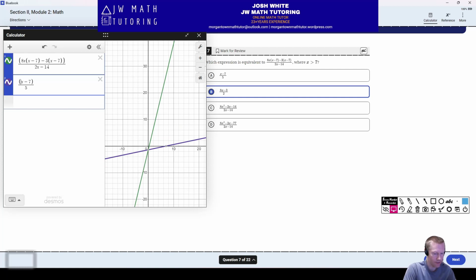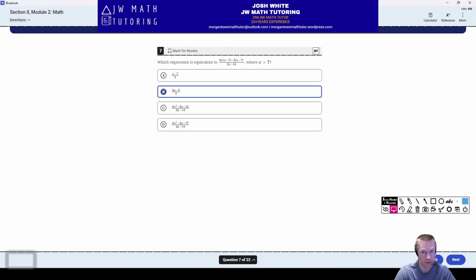Then I would go to B, 8x minus 3 over 2, and notice I have the exact same graph right here. So this is the correct answer. You could try C, you could try D, and you'll see that they're not going to overlap completely with the original expression, but this is how you can match these two expressions in Desmos.